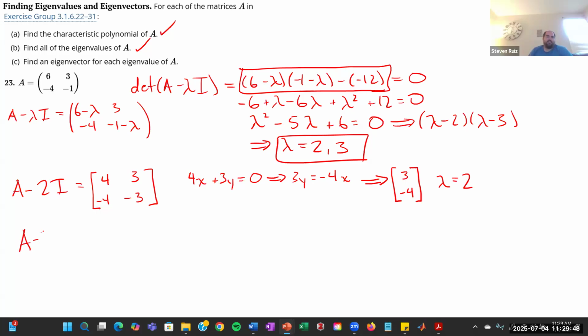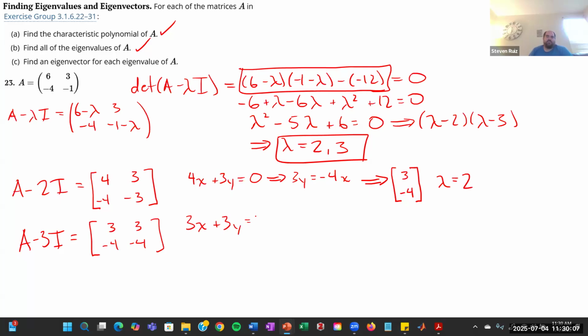What about A minus 3I? That'll be 3, 3, and negative 4, negative 4. Again, the rows are essentially the same, one is a multiple of the other.